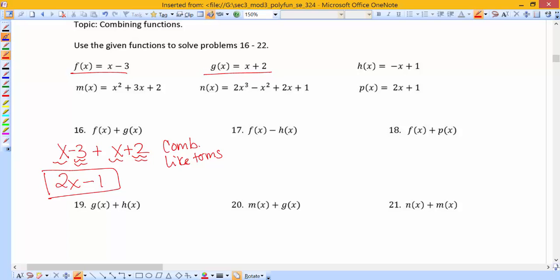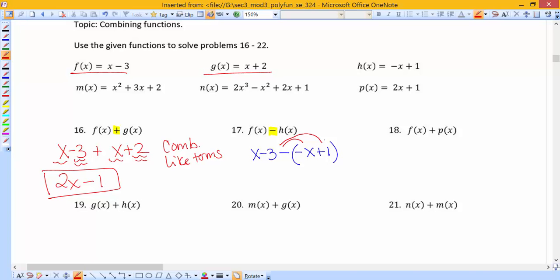Now let's look at 17. So 17 is f of x again. So I have an x minus 3. But look at the difference here. The difference with 16 and 17 is one's a plus, one's a minus. So you do have to treat this differently. So it's minus. I'm subtracting the entire h of x. So all of h of x has to go into parentheses. Now I am going to distribute my negative. And if you forget to put the parentheses, you're going to end up forgetting to distribute the negative.